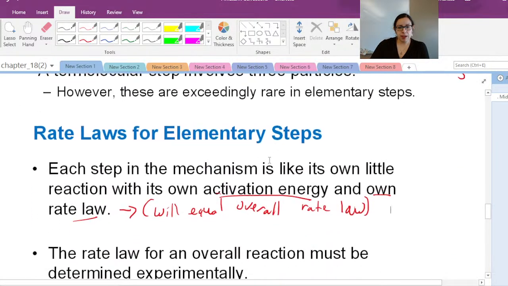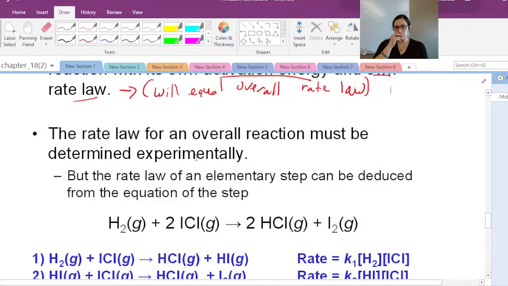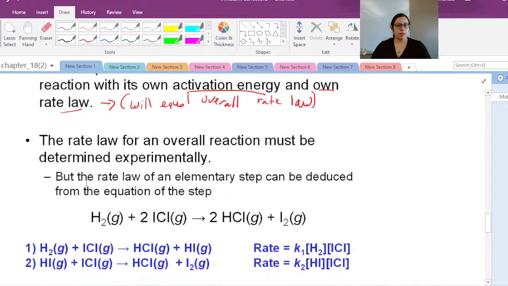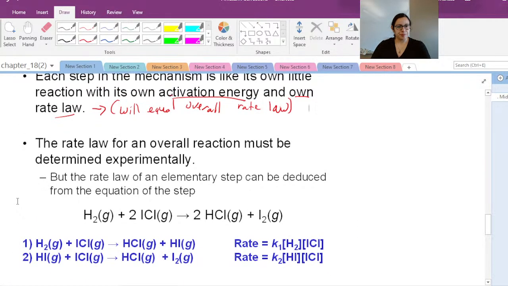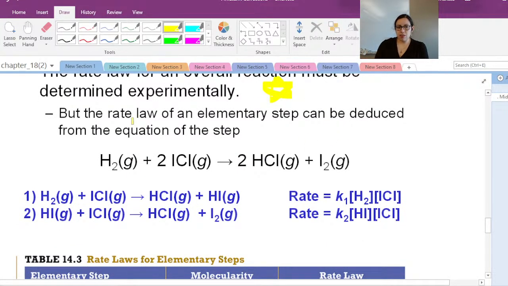From our molecularity, our steps and our rate law, we'll be able to verify our overall rate law. Again, it's telling us we have to determine it experimentally, very important. But each step of our equation will help us deduce our rate law here.